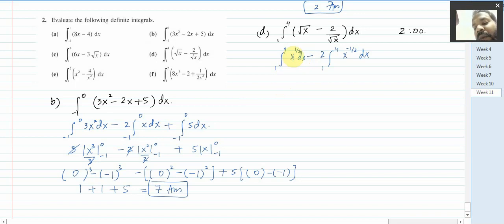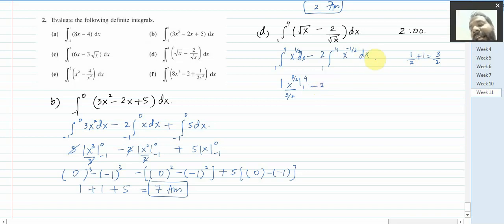So x power 1 upon 2, if you add 1 upon 2 plus 1, it will be 3 upon 2. So now it will be x to the power 3 upon 2 divided by total power 3 upon 2, and the limits we have, it's from 1 to 4, minus 2. Again we are going to apply the same method here.